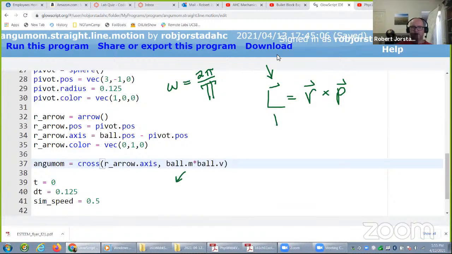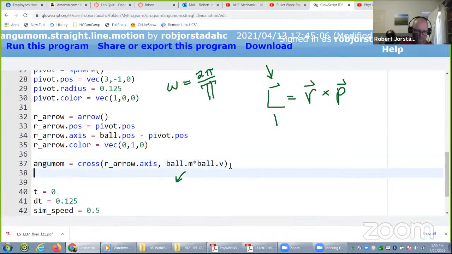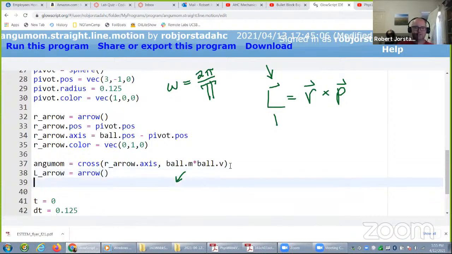So now, if we want to draw an arrow associated with it, how about we just leave it white? We need to put it somewhere. Where is the logical spot to put the angular momentum's tail? Or where should I put the position of this arrow?